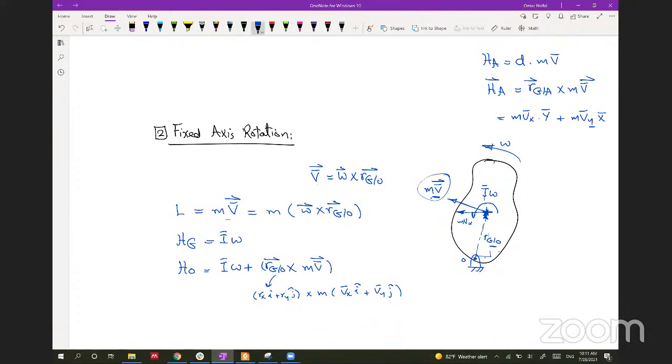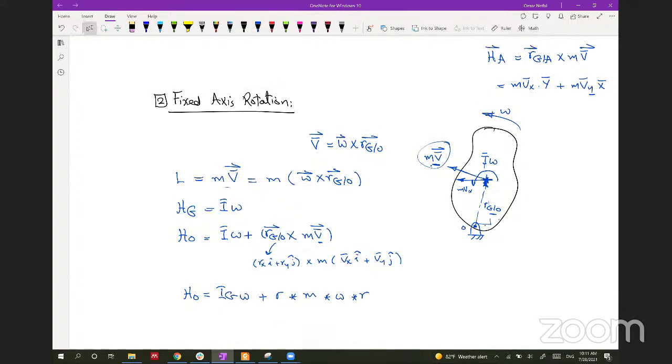And finally, if you are done with this, you will find that it will be equal to I_G omega plus r multiplied by m v, and v is equal to omega multiplied by another r. This is as a magnitude, so I didn't put any direction. So this will finally be I_G multiplied by omega plus m omega r squared.